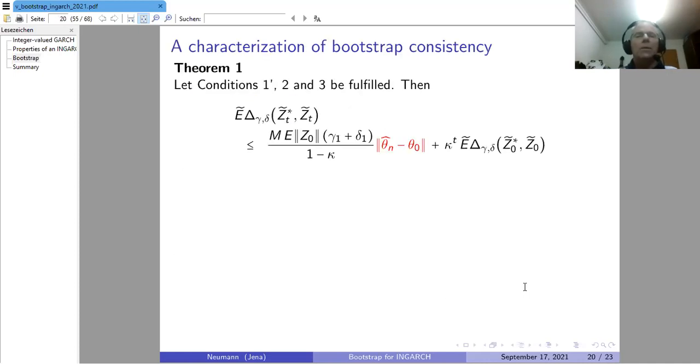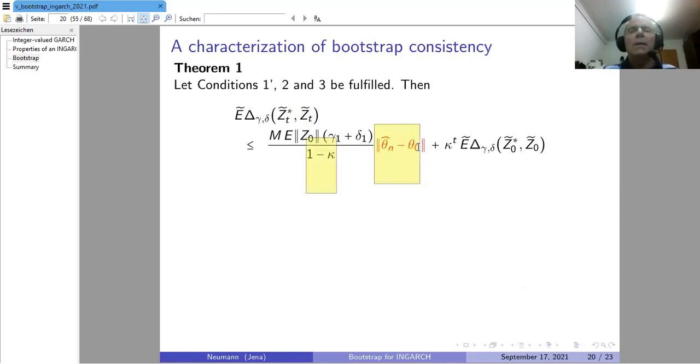Okay, so under these conditions, it is possible to show that there exists a coupling of the original and the bootstrap process such that the difference between these two processes, measured of course in this metric here, is in some sense small.